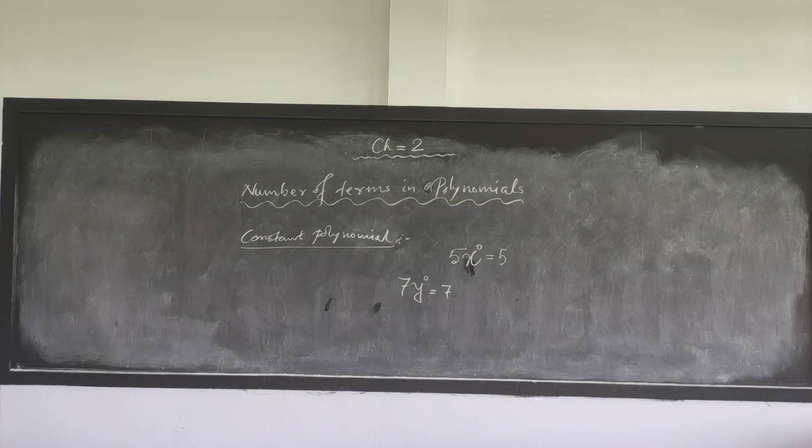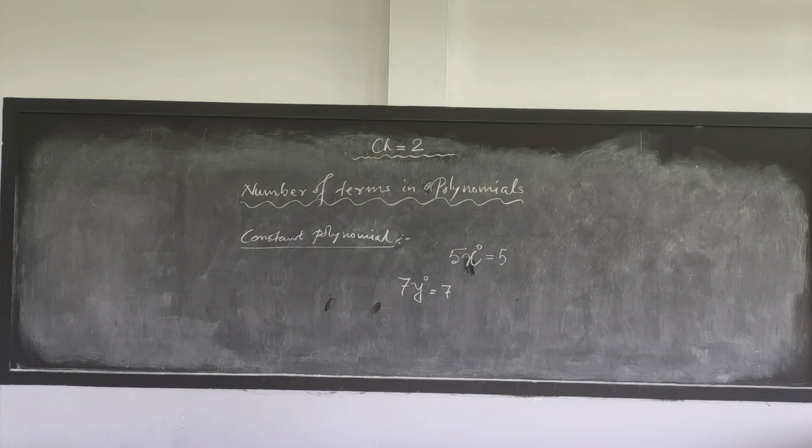You can write the definition. A polynomial consisting of one term, namely 0 only, is called a zero polynomial.